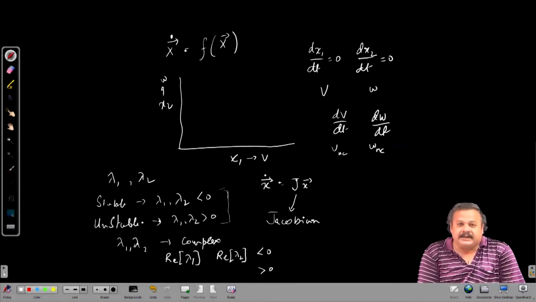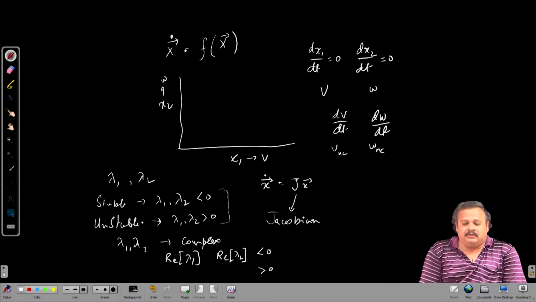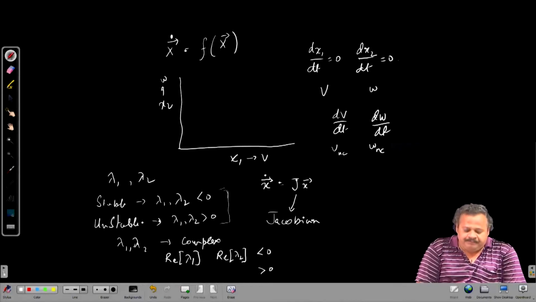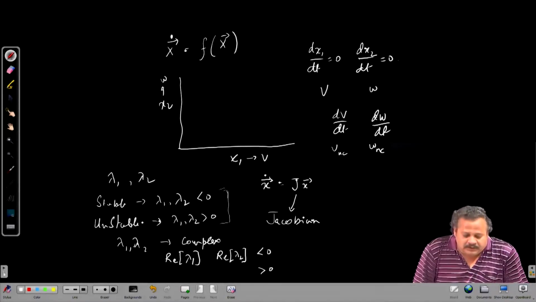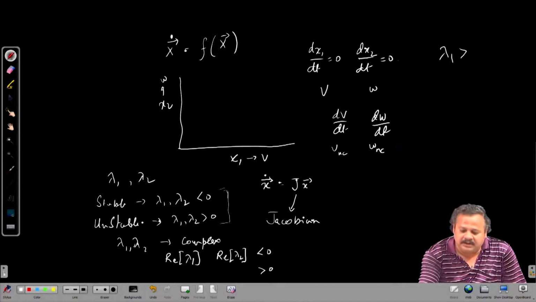When they are complex, the real parts of lambda 1 and lambda 2 cannot be of opposite signs, because we have real values in the Jacobian matrix. So they have to be complex conjugates, and their real parts must be of the same sign. The only case that remains is when, let us say, lambda 1 is greater than 0 and lambda 2 is less than 0.